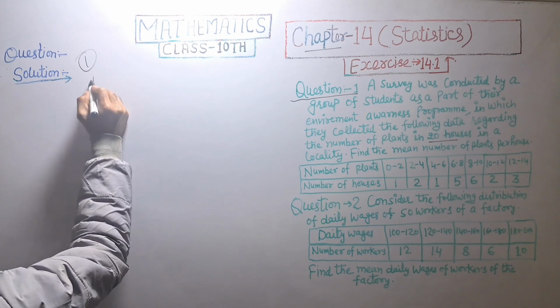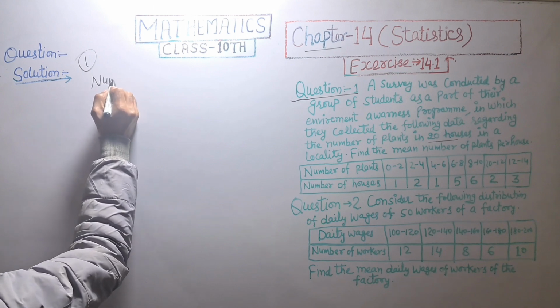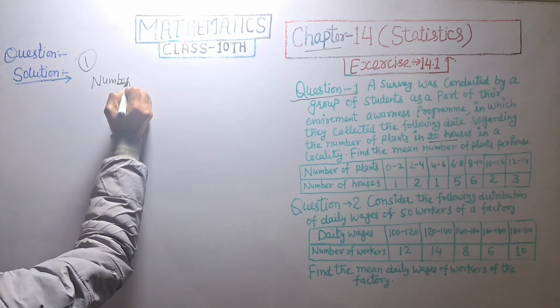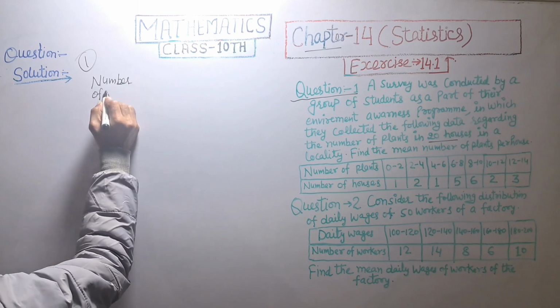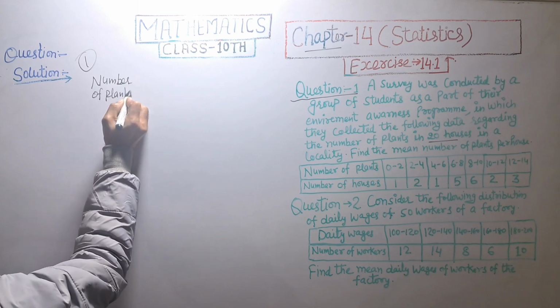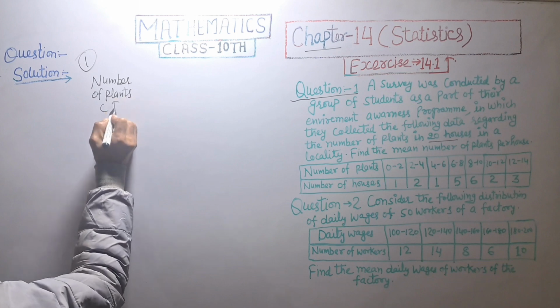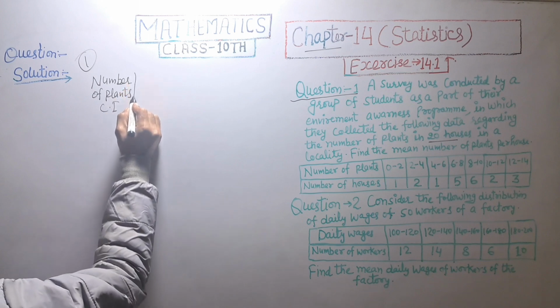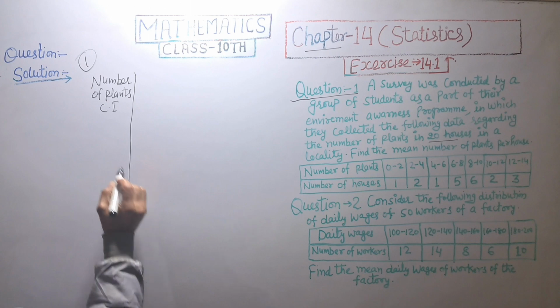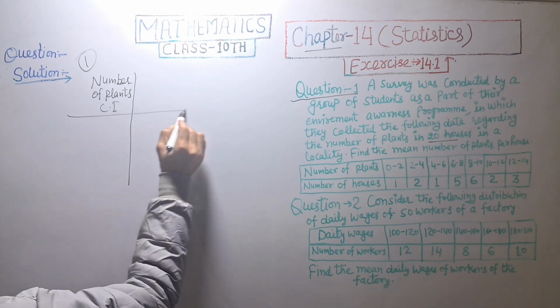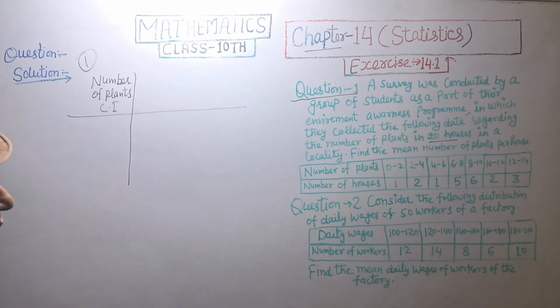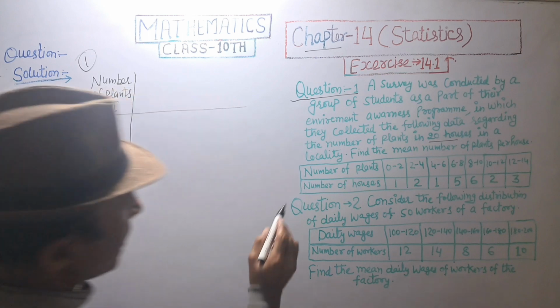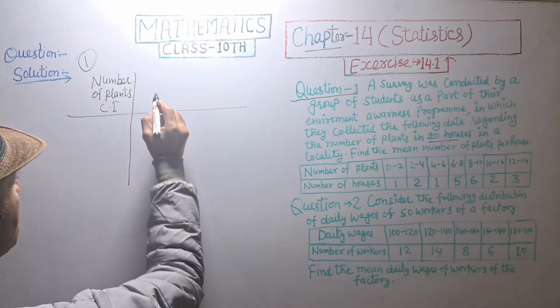Number of plants, that is class interval, and number of houses.